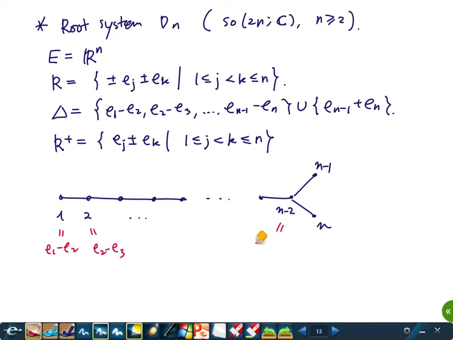And this corresponds to e_{n-2} minus e_{n-1}. And this corresponds to e_{n-1} minus e_n and e_{n-1} plus e_n. Again, we have only single edges, so all the roots are of the same length, and adjacent roots form an angle of 2π/3.